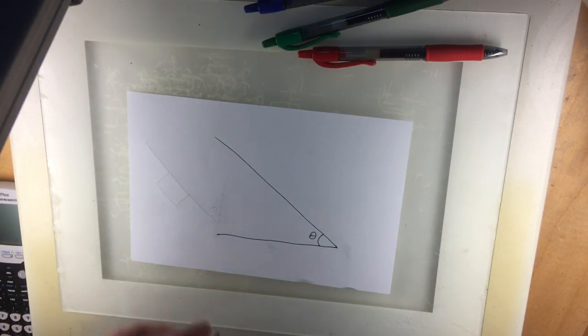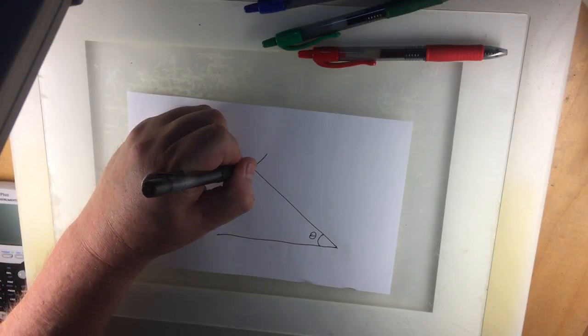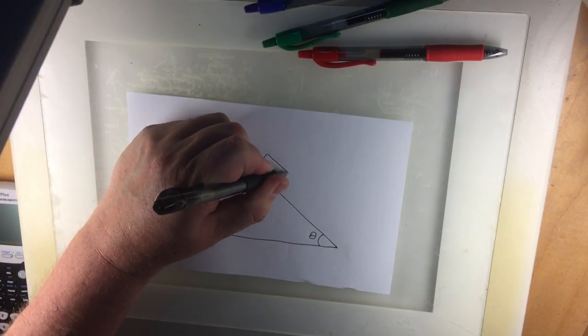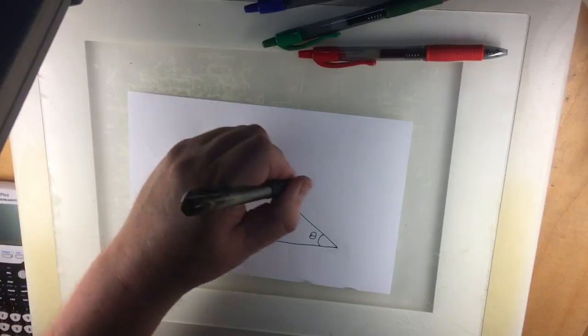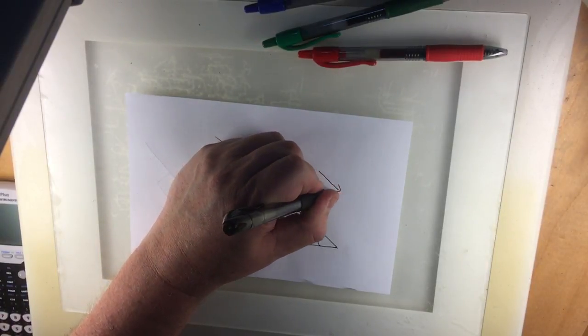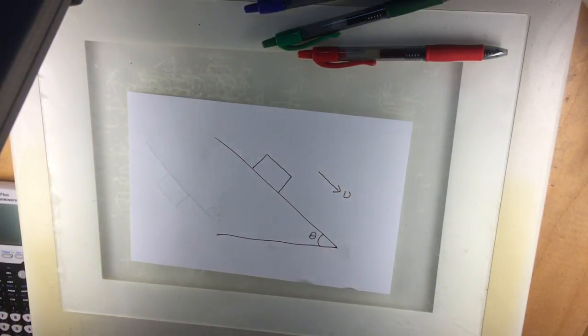So this mass here has a velocity down the hill. Now I put the velocity arrow or vector not touching the mass because the mass itself is going to be the part that we call the force diagram.